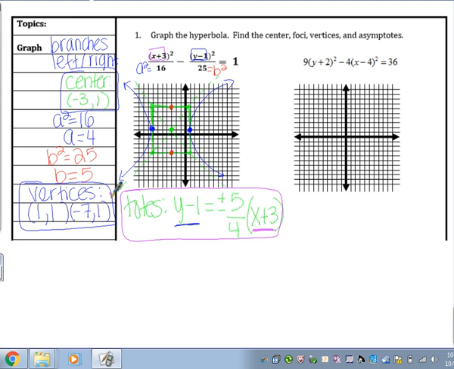All right? And then the last thing we have to find is the foci. So we have to use our new c squared equals a squared plus b squared because we have to find this value c. So I know a squared is 16, b squared is 25. When I add those together, I get 41.